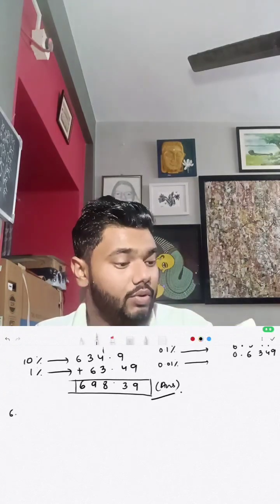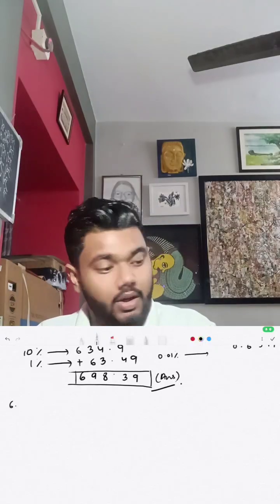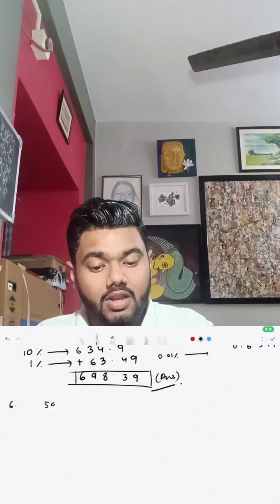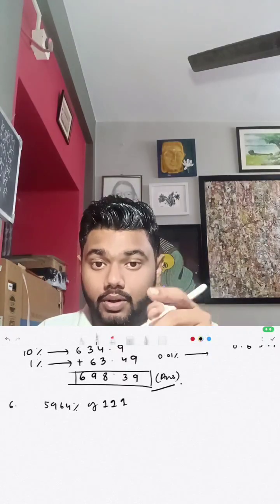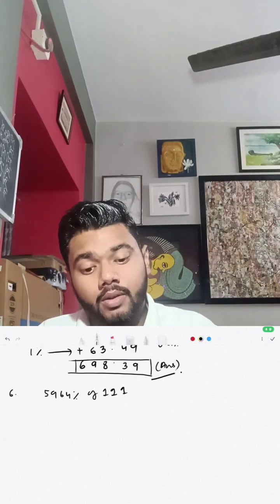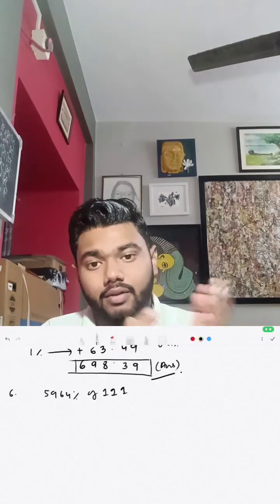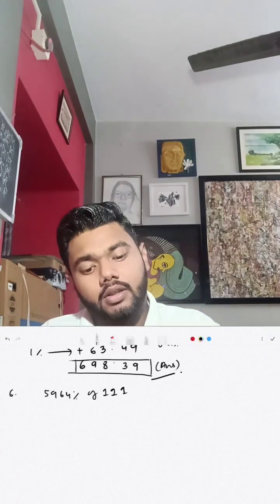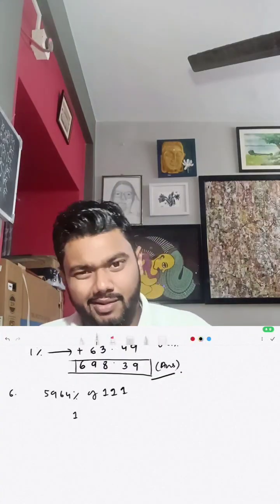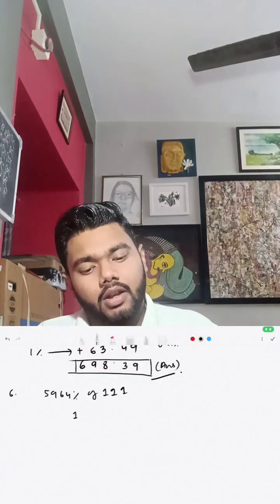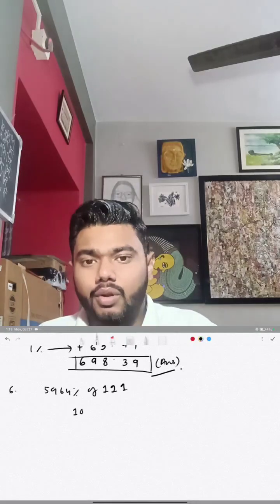Number 6, I am showing you 111%. 5964% of 111. What you can do is just shift the percentage value, that is 5964 of 111%. I'm not writing it; you can very well understand. It was brilliant, students, so you can understand, right?